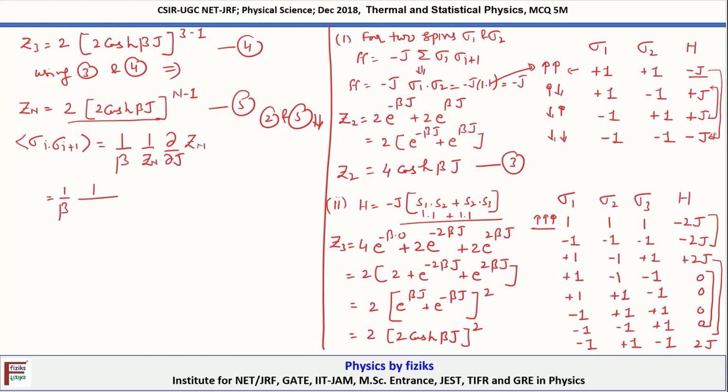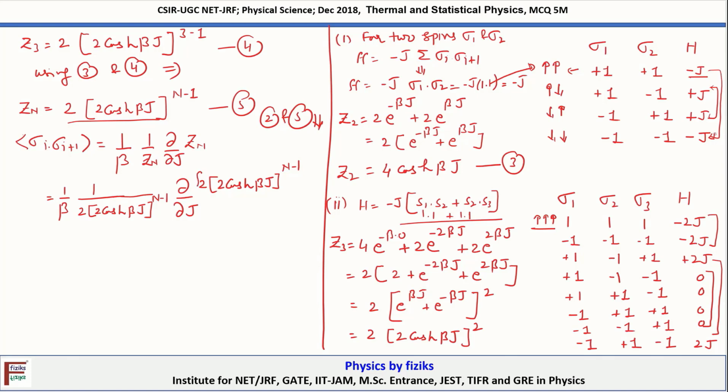So 1 divided by 2 into (2 cosh beta J) to the power n minus 1, and then the derivative with respect to J of Zn, where Zn is 2 into (2 cosh beta J) to the power n minus 1.